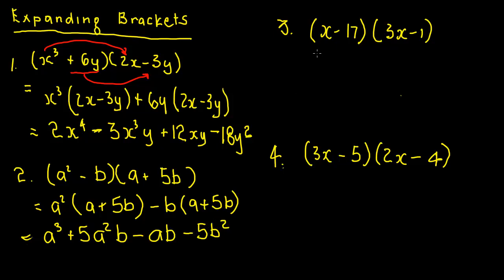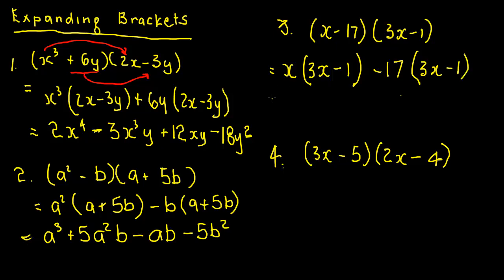So let's have a look at this one here. Again, we just write down x, and this will be the equals over here, that'll be x times 3x minus 1 minus 17 times 3x minus 1.